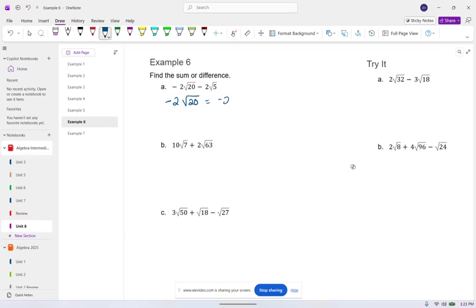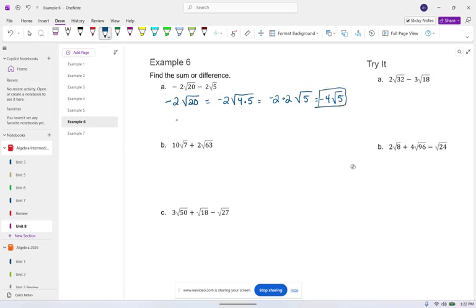So I can rewrite this as negative 2 times the square root of 4 times 5, because 4 times 5 is 20. The square root of 4 is 2, so we can bring that 2 out, and we leave the square root of 5 in. Negative 2 times 2 is negative 4 square root of 5. That's important.